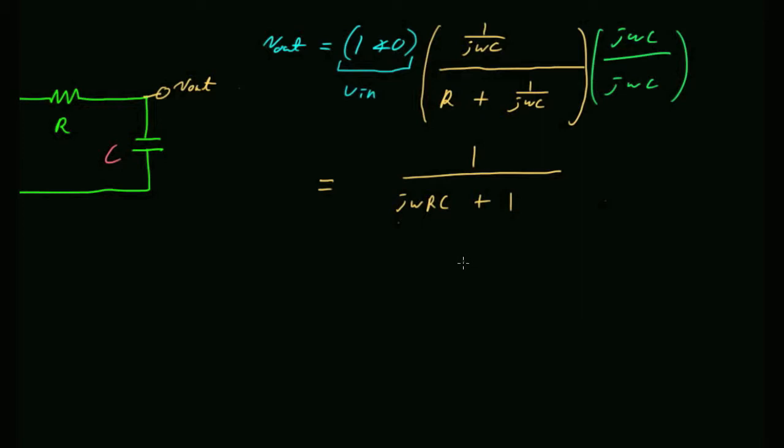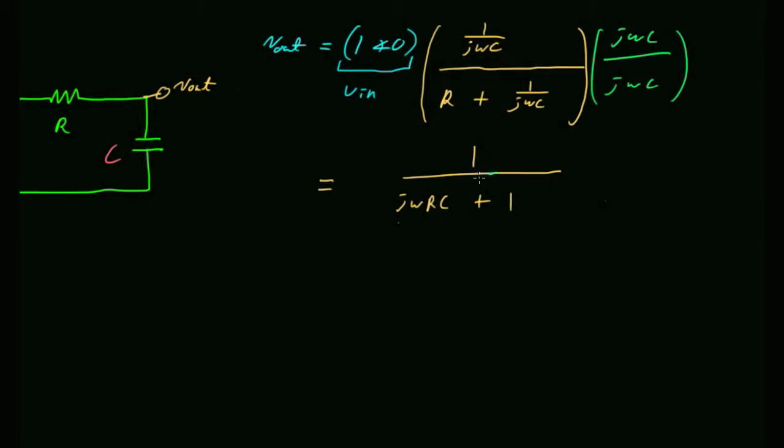My numerator is just 1, which is basically 1 angle 0, so it's already in polar form. If I could just convert my denominator into polar form, the division would be pretty straightforward.